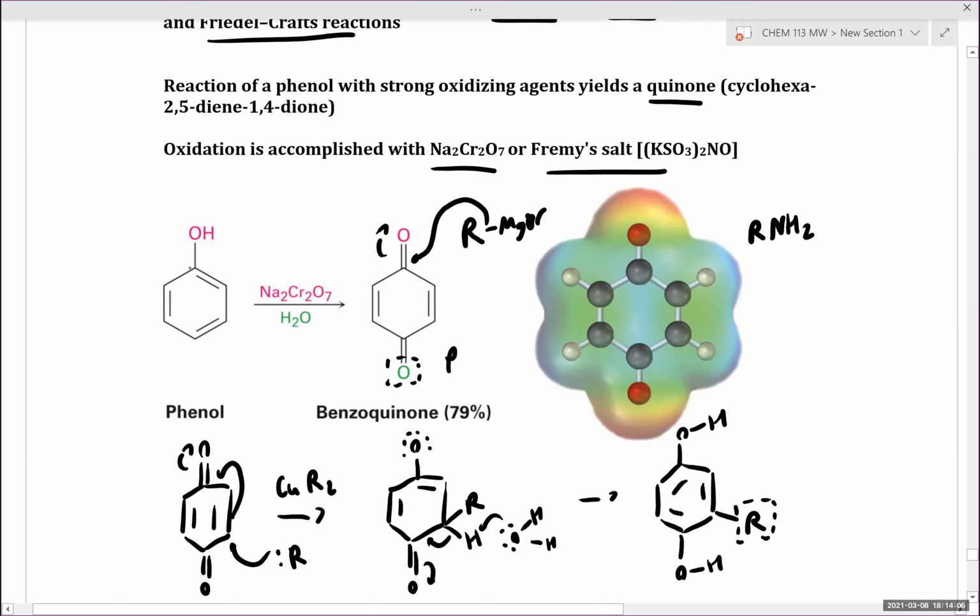So you'll see very similar oxidative processes used when you're dealing with these quinone systems, or when you want to make a quinone, or when you want to make a highly substituted phenol. This is just another unique tool and a unique pattern of reactivity that phenols can be subjected to. Does this make sense to everyone so far?